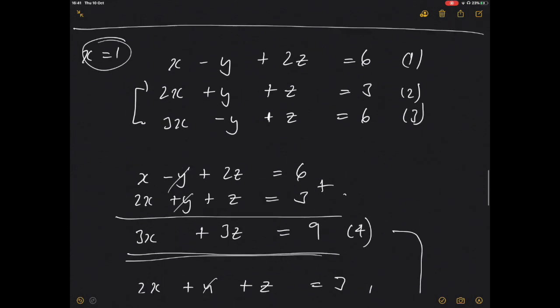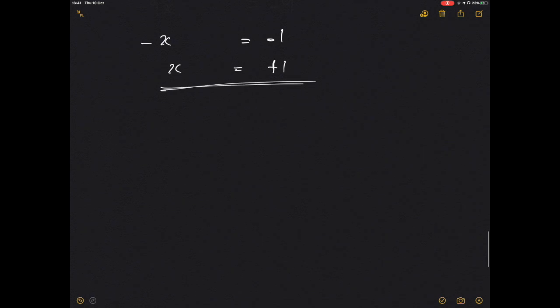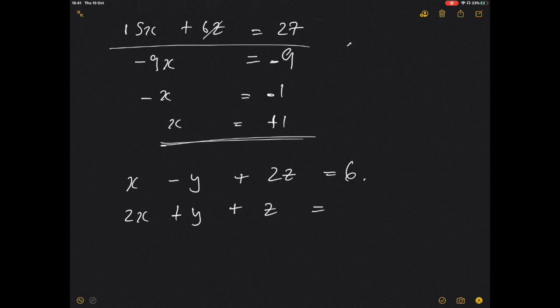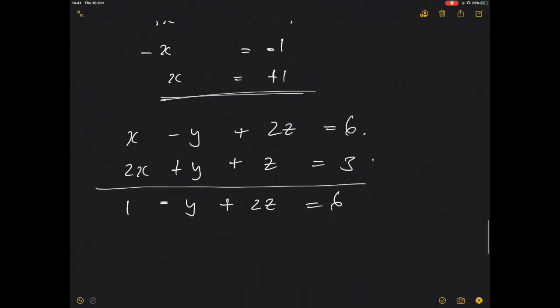So we take the first equation from the top, which is x minus y plus 2z equals 6, and we can say that 2x plus y plus z equals 3. We now know what x is, so we can say that is 1 minus y plus 2z equals 6. And we can say that 2 times 1 is 2 plus y plus z equals 3.